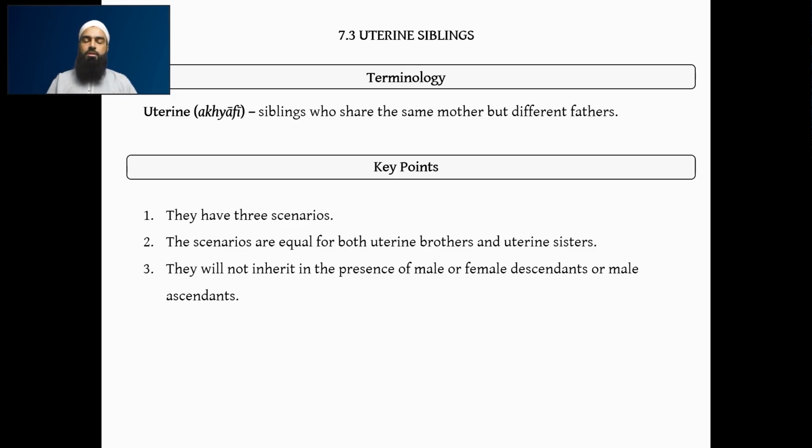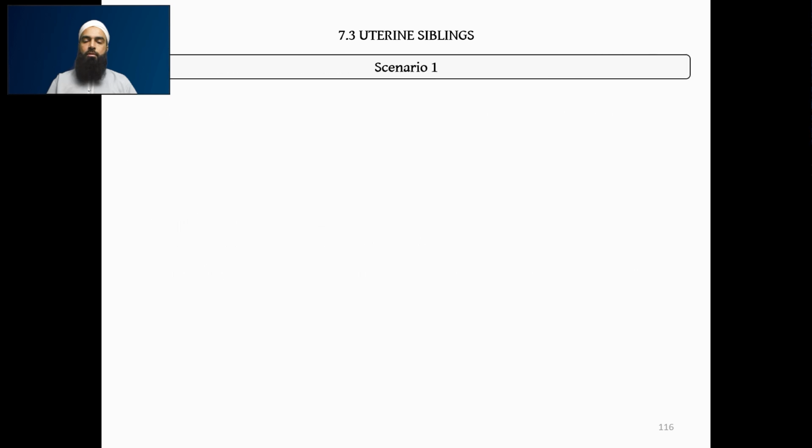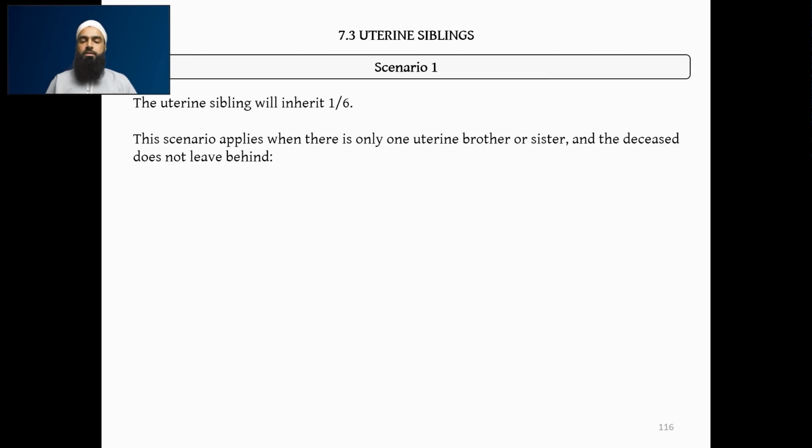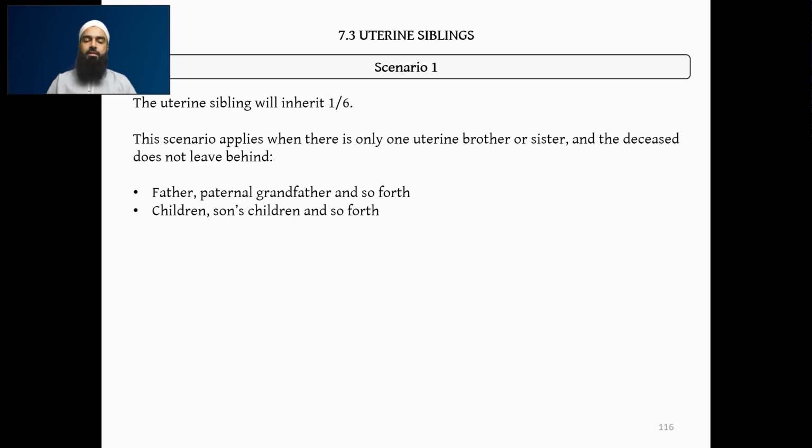Once we understand these key points, let's do scenario number 1. The uterine sibling will receive 1/6, and this scenario is where there is only one uterine brother or sister, and the deceased does not leave behind father, paternal grandfather, and so on. No ascendants, in essence. Likewise, no children, no sons' children, and so forth, meaning no descendants.